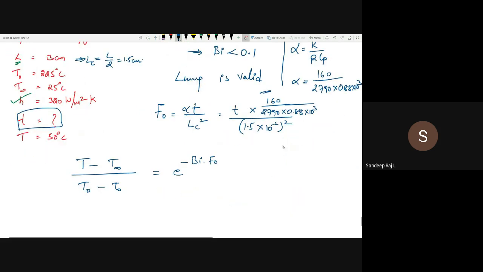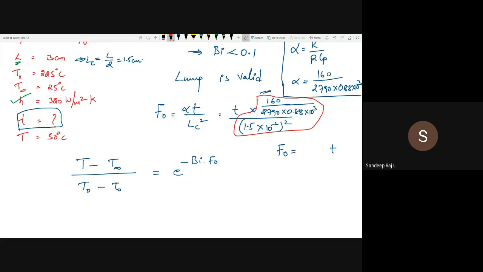So the Fourier value will be equal to something into t. Somebody tell me what is that something. Calculate this whole expression value.